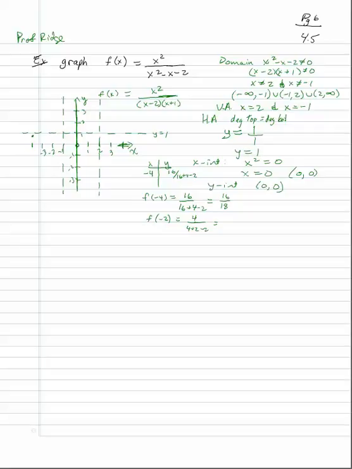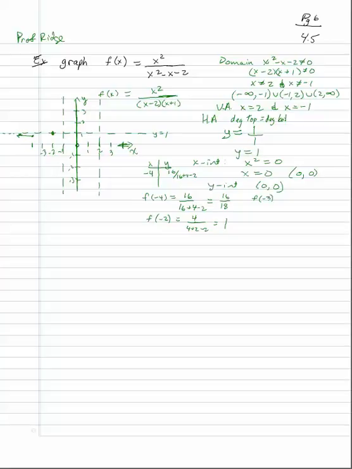So that is 4 over 4, which is 1. Oh, that's a good point. Actually, I didn't have enough information there. I know as I get further out here that this is going to go that way. But what's happening over here, I better plot a couple more to see what's going on.